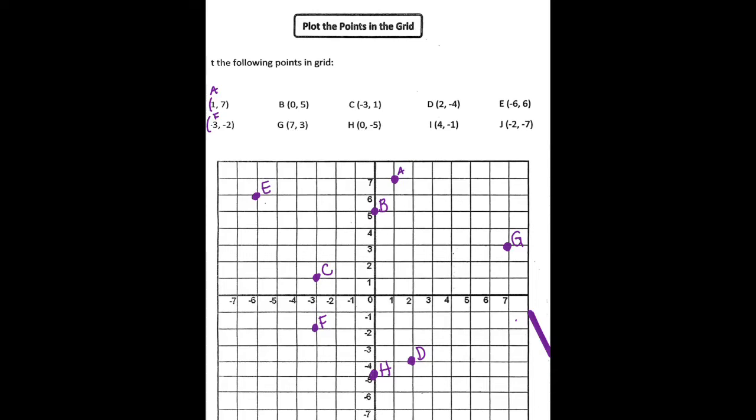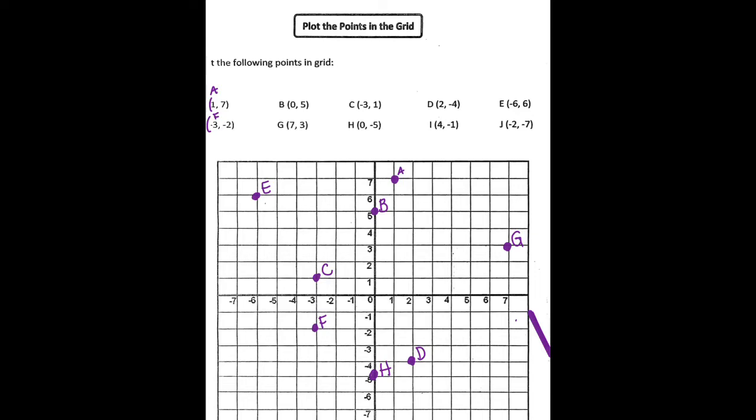Point F is quadrant 3, and point D is quadrant 4. But point B and H are on the y-axis. They're not within any certain quadrant. So they're not between 2 quadrants or anything. They would be labeled on the y-axis. So just keep that in mind if you ever have to tell what quadrant a point is in.